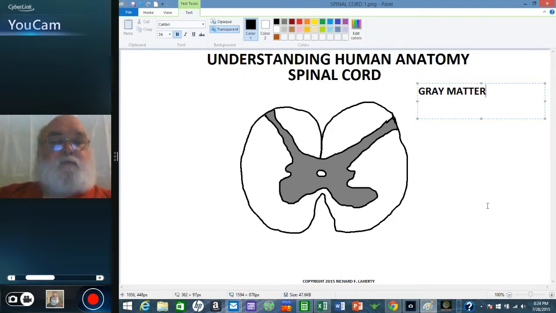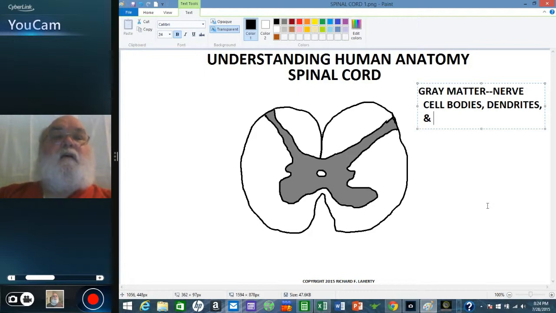And gray matter is composed primarily of nerve cell bodies, dendrites, and non-myelinated nerve fibers.